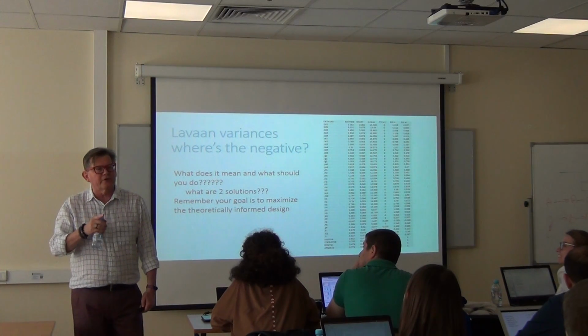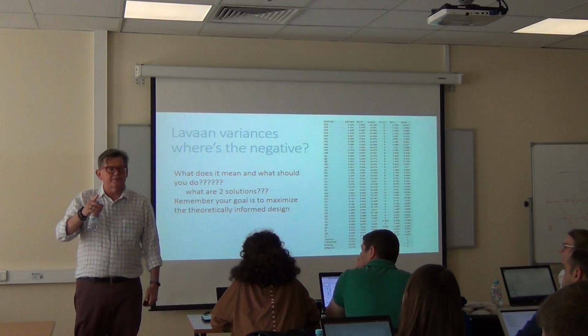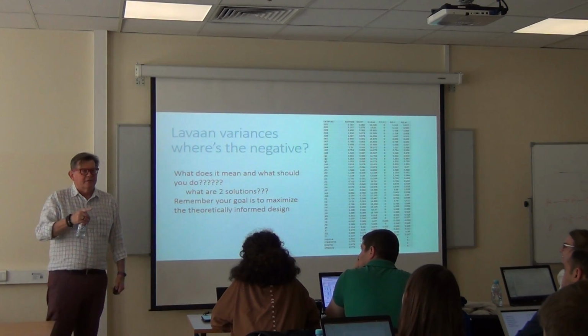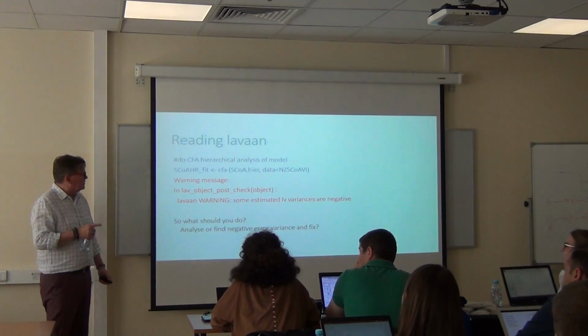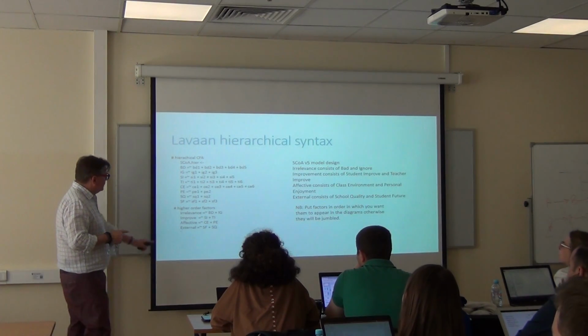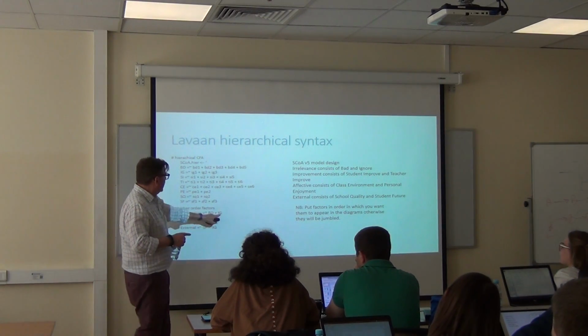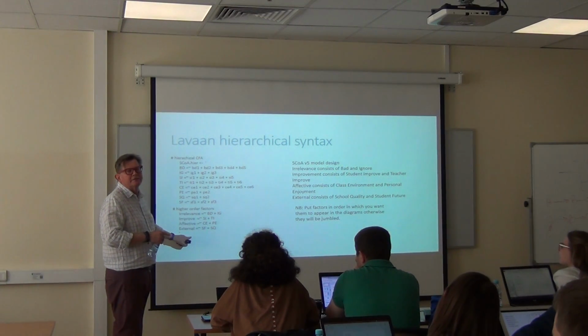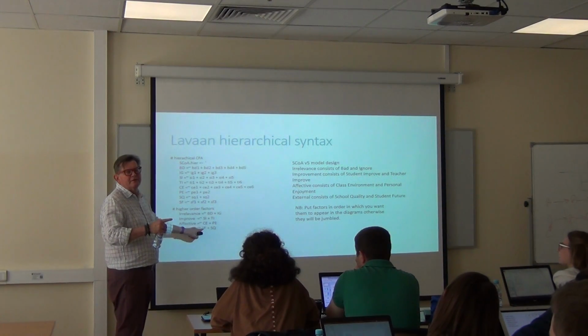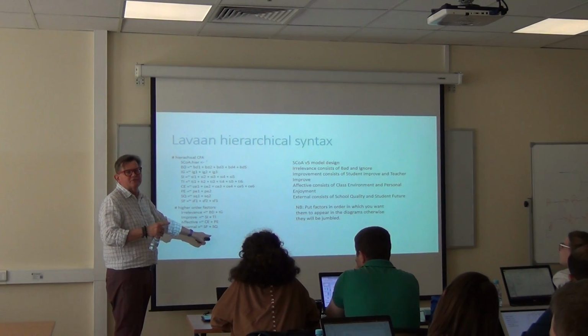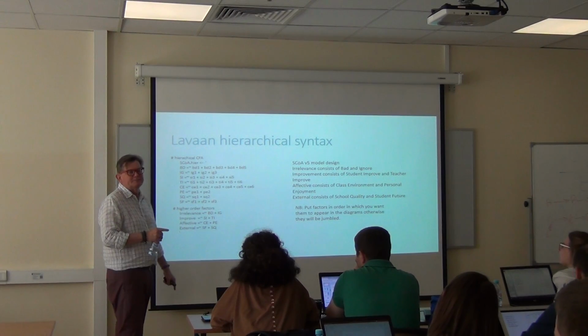Double tilde is covariance, so one tilde will be variance. So it must be something like, IG, no, it'll be IG double tilde 0.005 times IG.